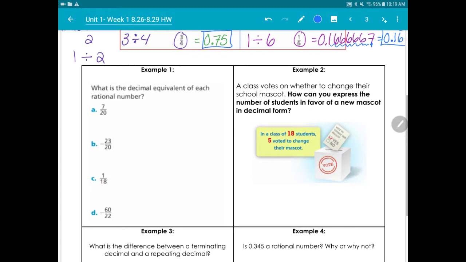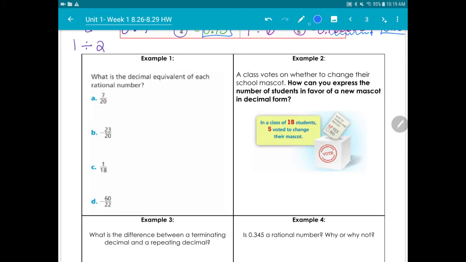Okay, so we're going to try that again with these 4 examples. We're going to write the decimal equivalent. So again, this is the same thing as saying 7 divided by 20. When I have a negative in B, I'm going to put that with the top number. But it doesn't matter which one. It only goes in 1, though.